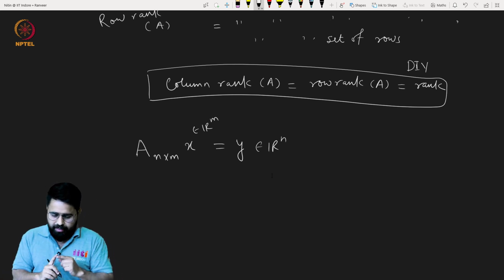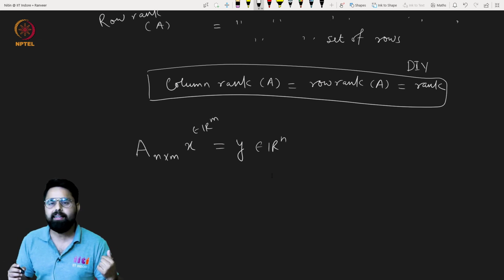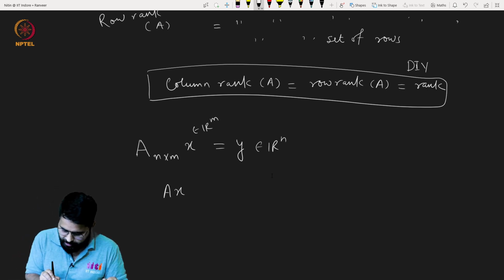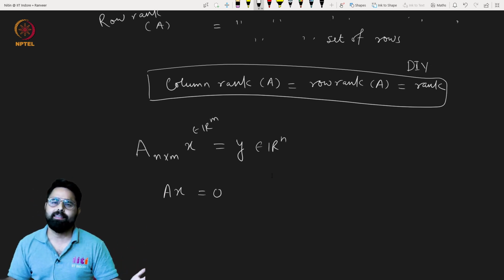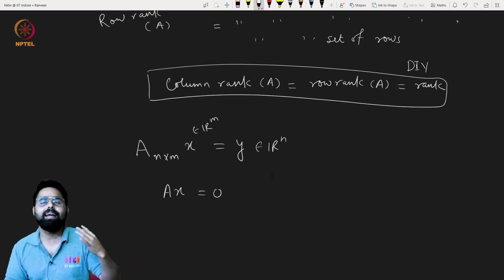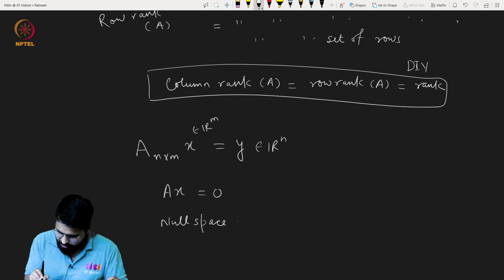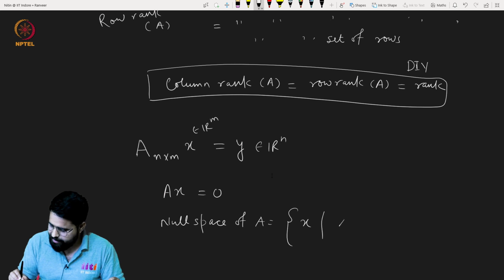Now we want to find some special vectors x such that when we multiply it on the right of A, it gives 0. The collection of such vectors we call the null space of A, equal to the collection of all vectors x such that Ax equals 0.